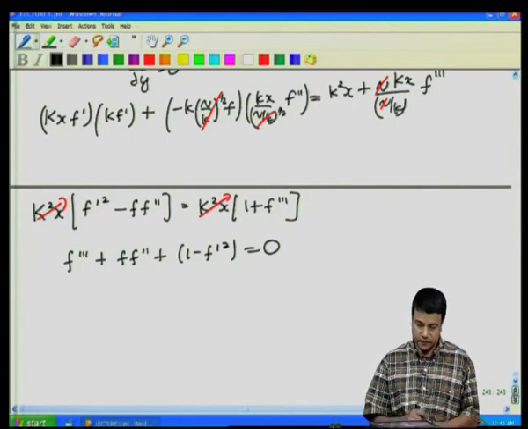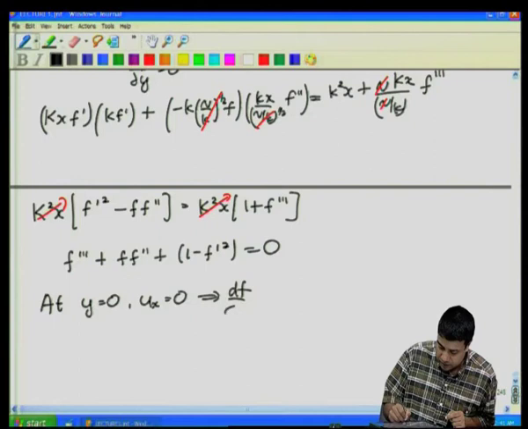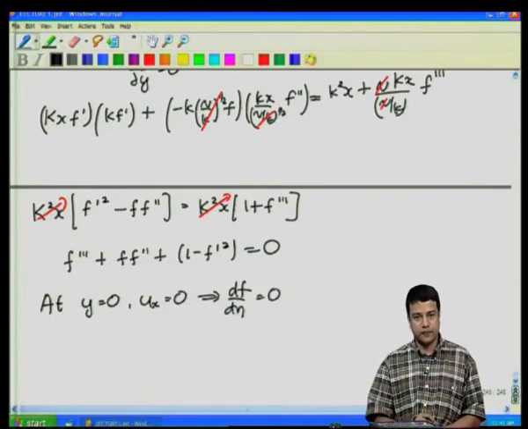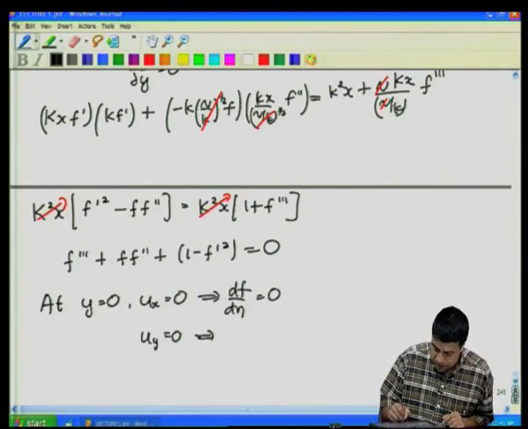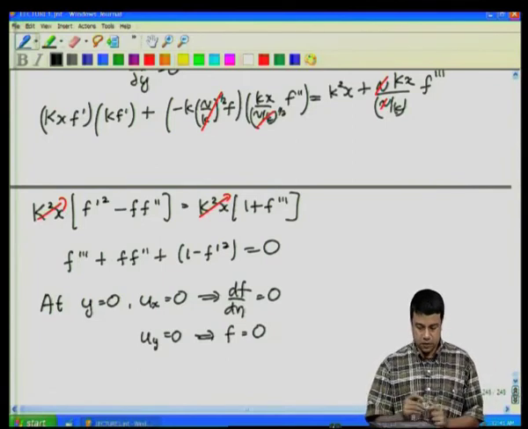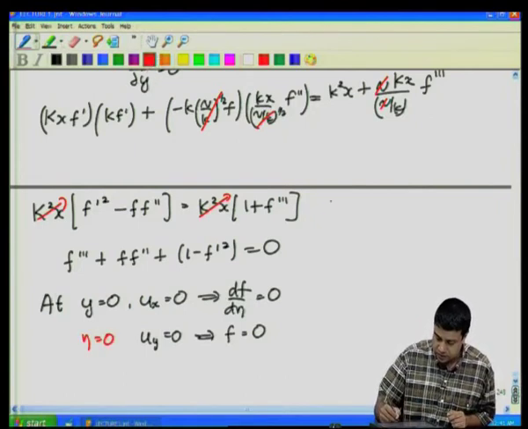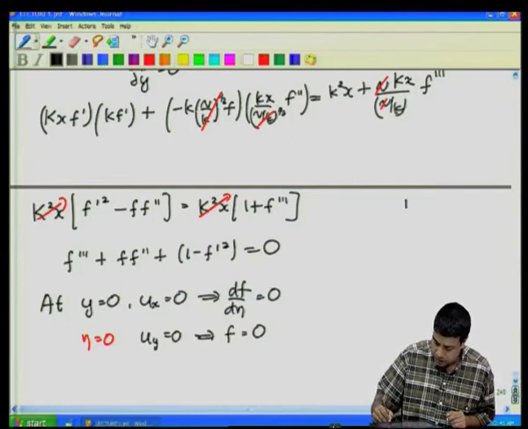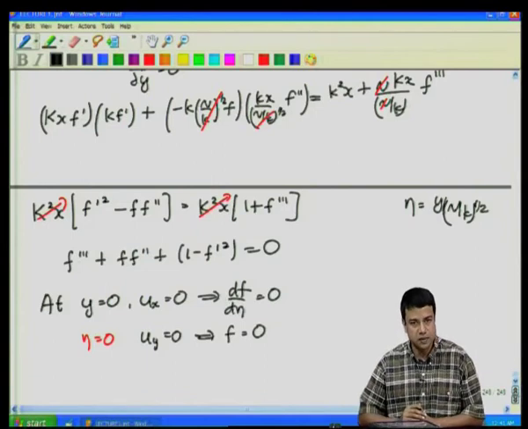At the surface itself, at y is equal to 0, u x is equal to 0, which implies that df by d eta is equal to 0. You also require that u y is equal to 0, which means that f itself is equal to 0. This y is equal to 0 also corresponds to eta is equal to 0, because we know that eta is equal to y times k by nu to the power half.